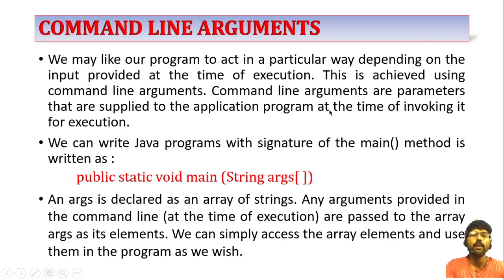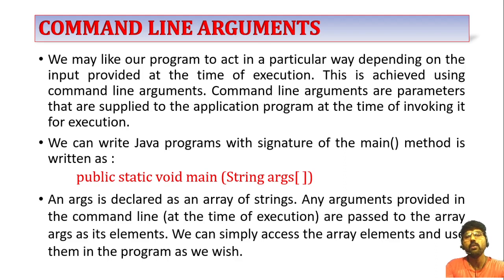This can be achieved by using command line arguments. Command line arguments are parameters supplied to your application program. When you run the program, you just pass some parameters. It is called command line arguments.